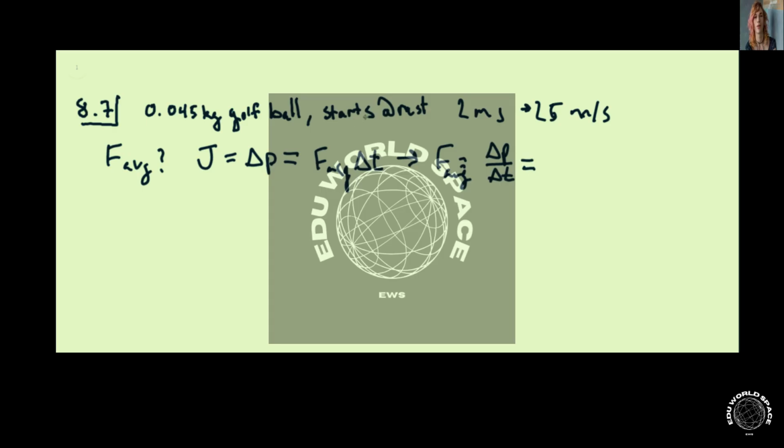Now the ball starts with 0 momentum because it's at rest. So the change in momentum is just equal to its final momentum. This is 25 meters per second times the 45 grams of mass that it has, divided by our 2 milliseconds.